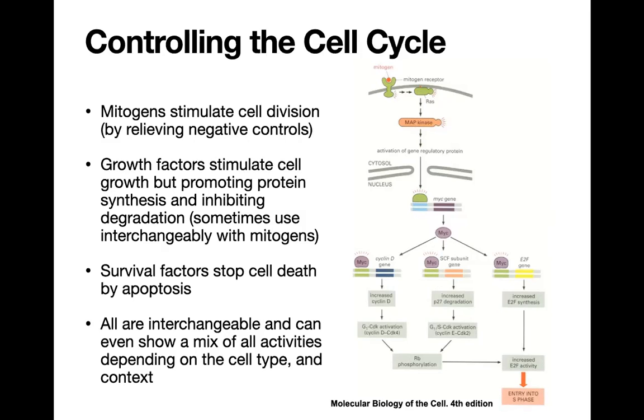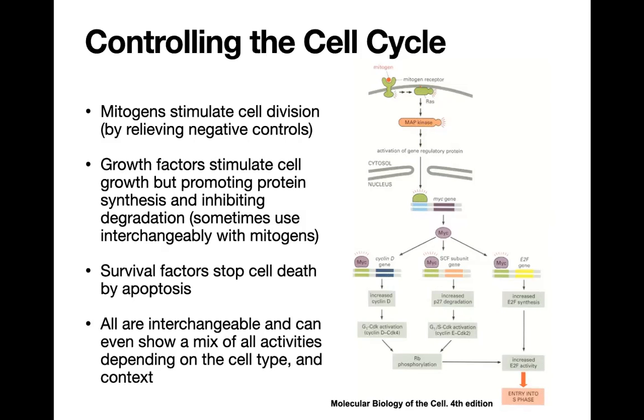Shown in the figure is a way that mitogen activity could work. It could be an extrinsic signal that acts on its receptor, initiates a downstream cascade of signal transduction, and causes the activation of a particular gene, which enables various activities then to be expressed.